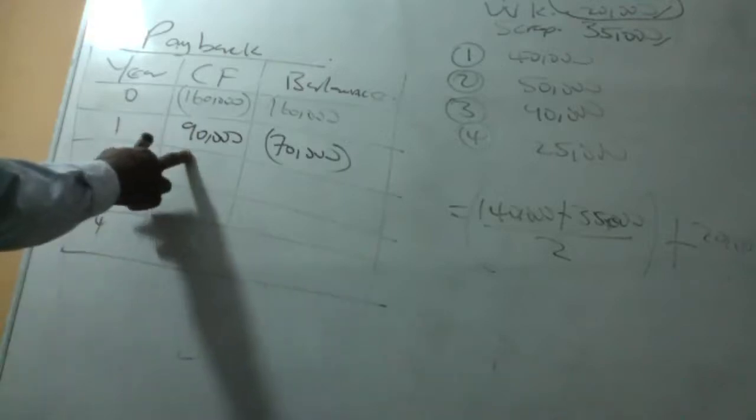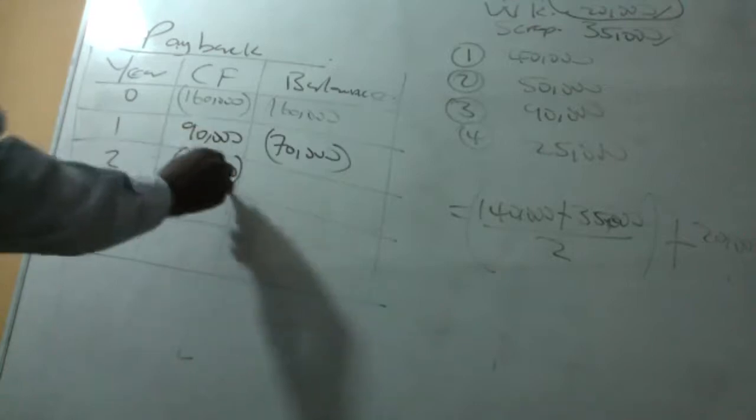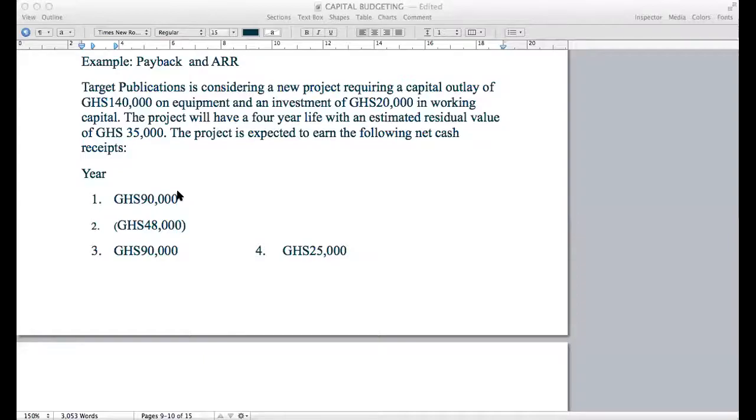Now what again? Rather, it's negative 48 for the second year. According to the question, the second year is negative 48, in brackets. So it's negative.